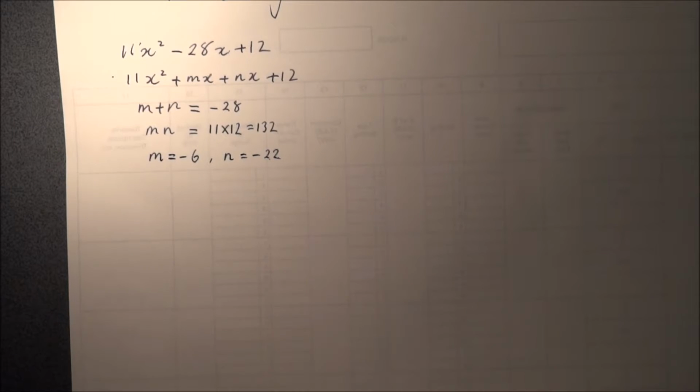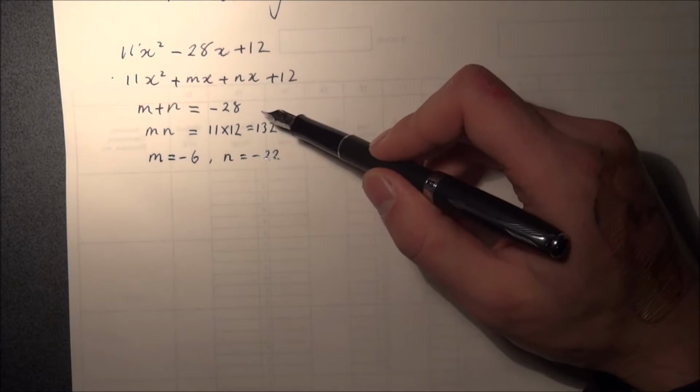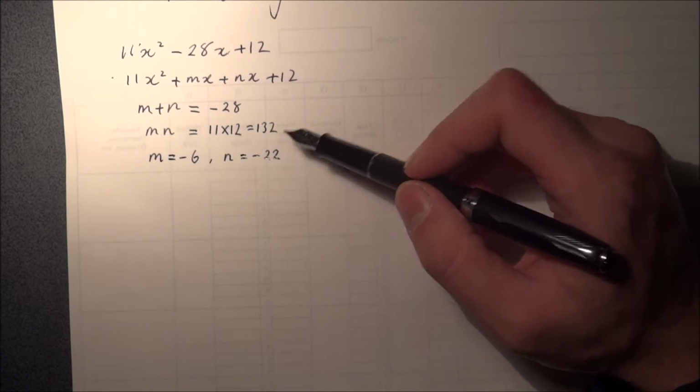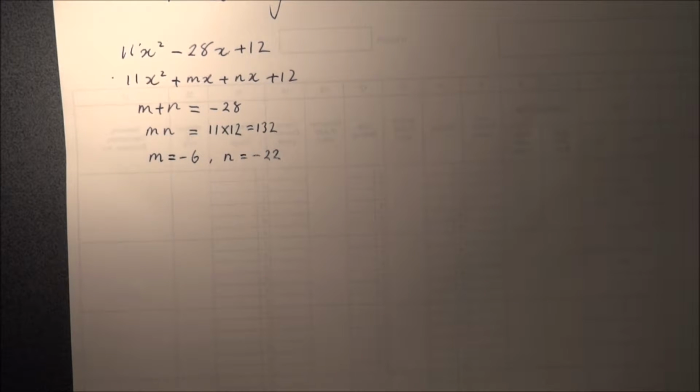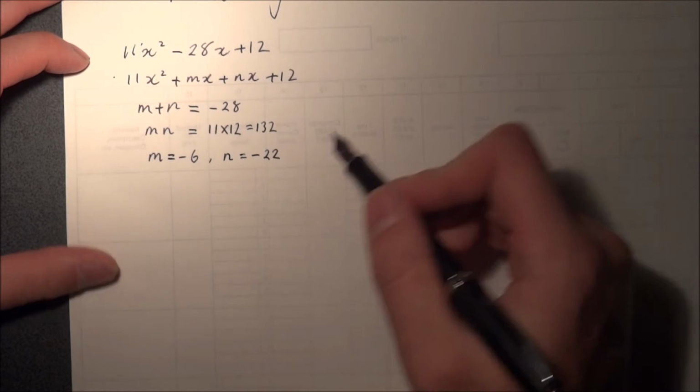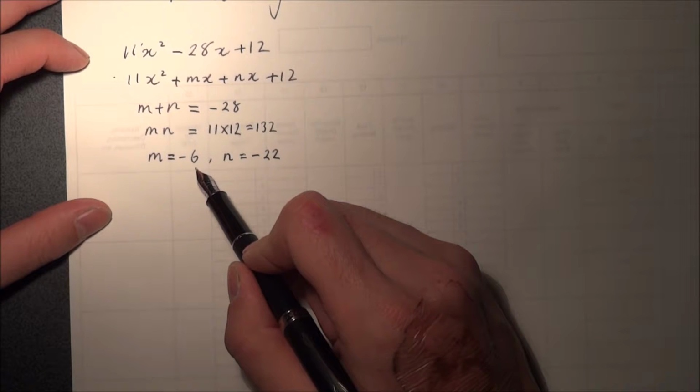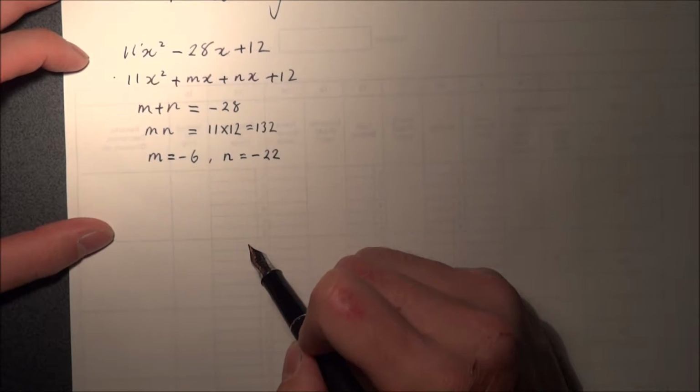Because negative 6 plus negative 22 equals negative 28, and negative 6 times negative 22 equals 132. You may ask which one has to be m and which one has to be n. Well, it doesn't really matter that much here, because we'll see very shortly. So obviously we found that m equals negative 6, and n has to be negative 22.